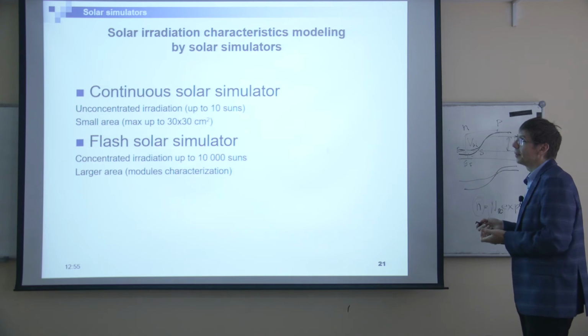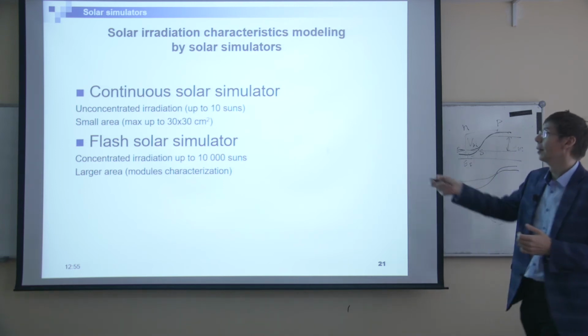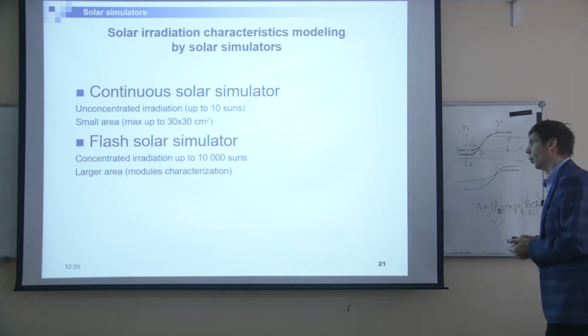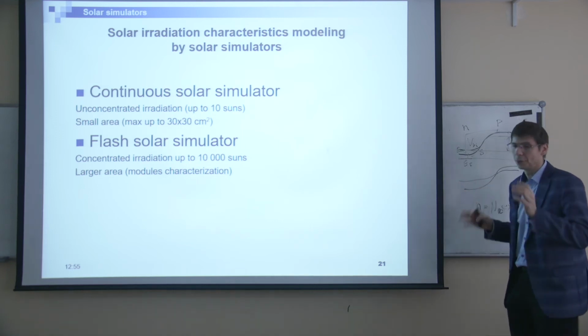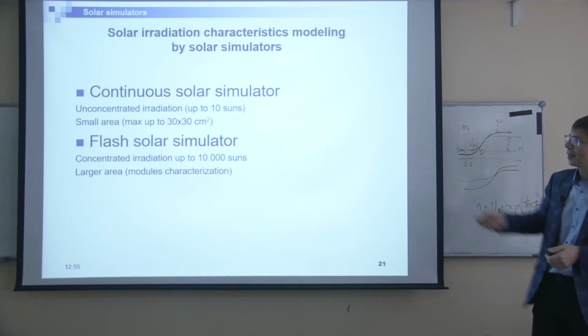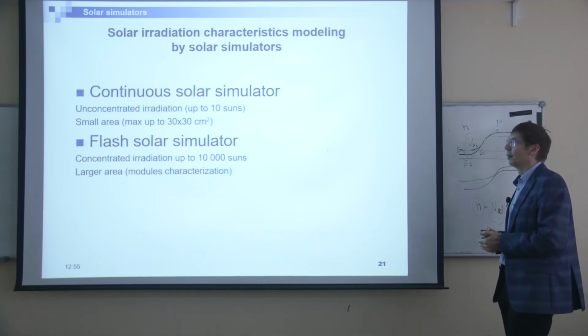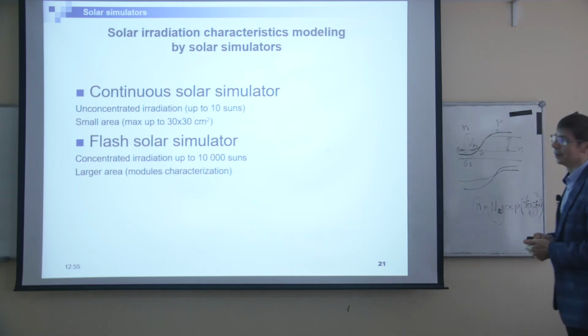Continuous solar simulator normally is used for unconcentrated radiation. 10 sun, it's a huge value. I mean, normally it's 1 sun, a little bit higher. For example, 10 sun is only to provide some fast light-induced degradation.